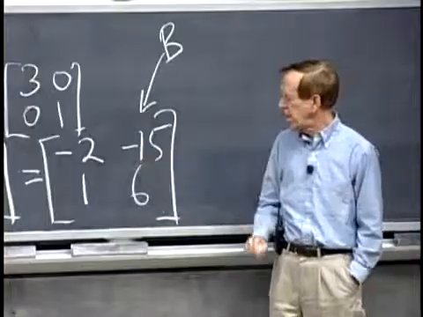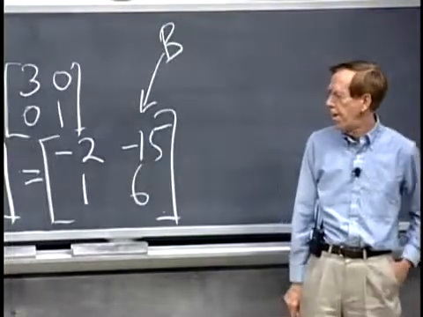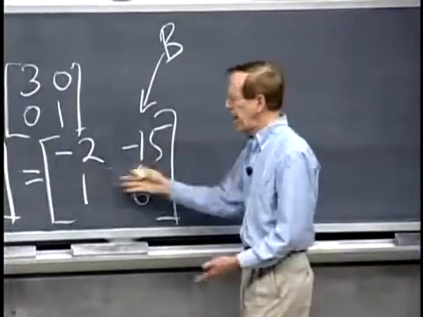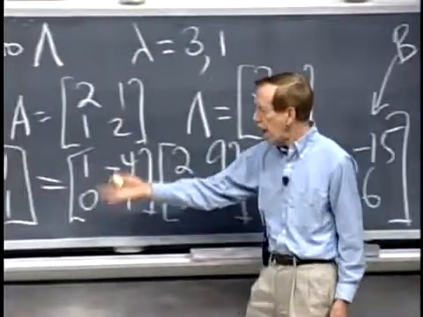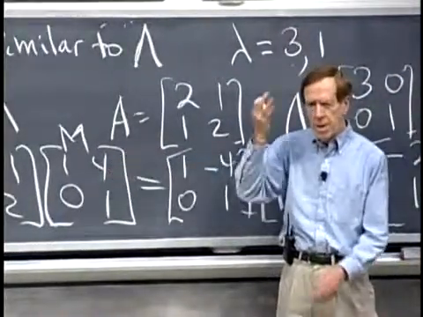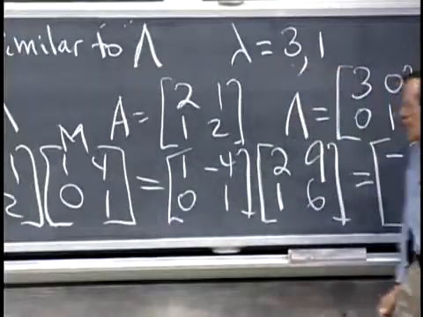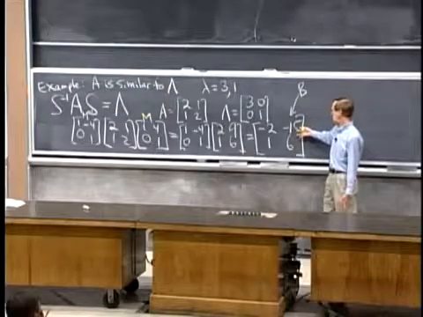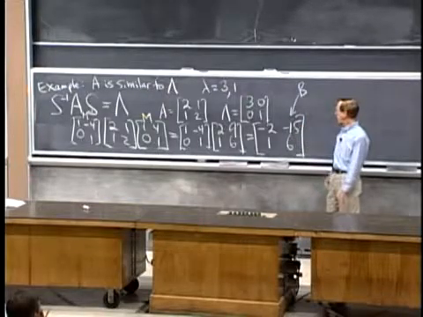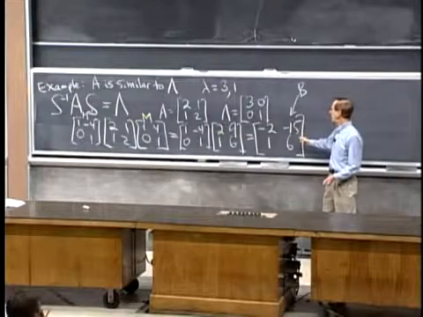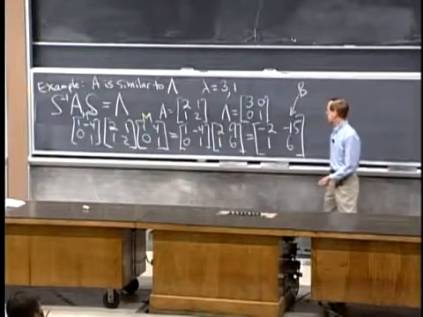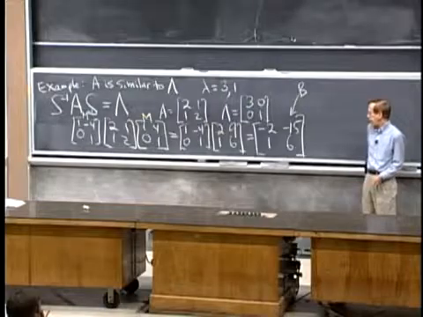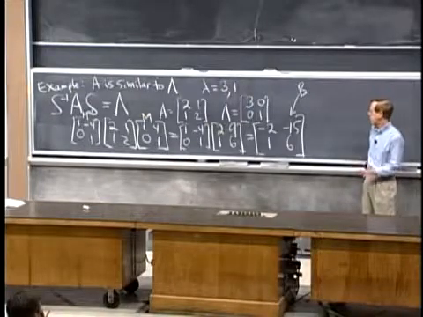The eigenvalues of that matrix are also 3 and 1. And you see, I created this matrix just by taking any M that popped into my head, and computed M inverse AM. Got that matrix. It didn't look anything special, but like A itself, it has those eigenvalues 3 and 1.